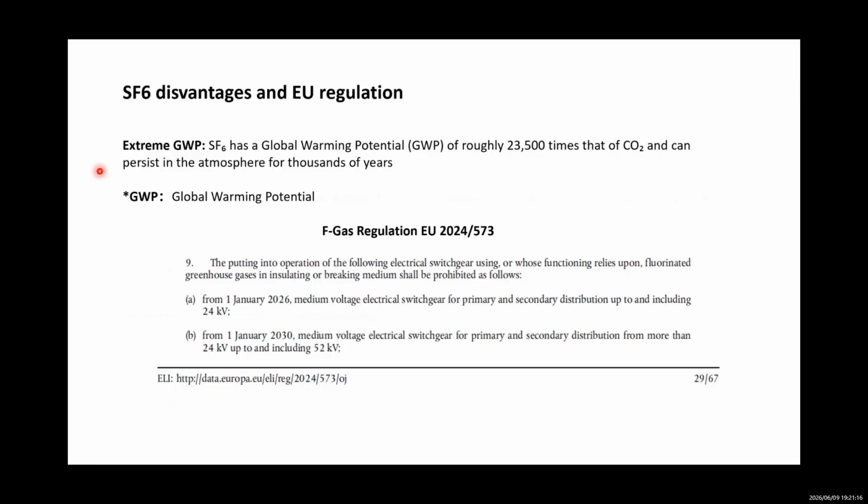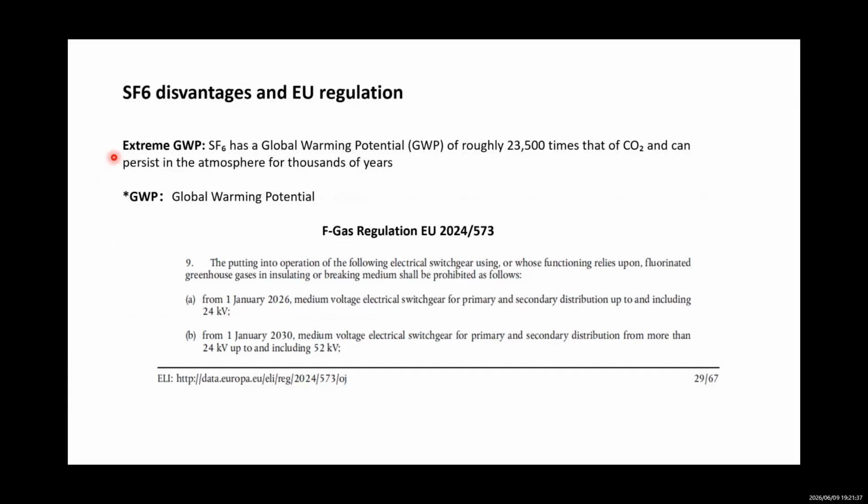But SF6 has a significant disadvantage. It has an extreme GWP, which means global warming potential, because SF6 is not an eco-friendly gas.